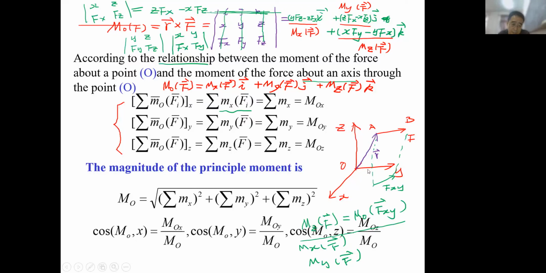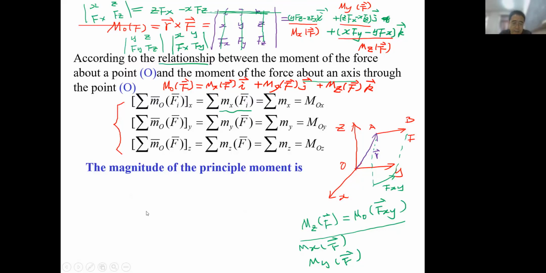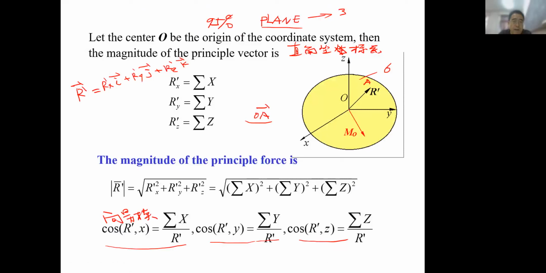Actually, these two steps are only mathematical knowledge, right? More like when we find R prime, its magnitude and its direction.